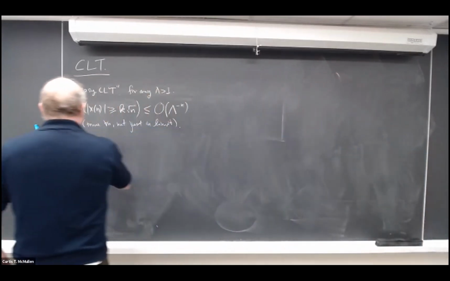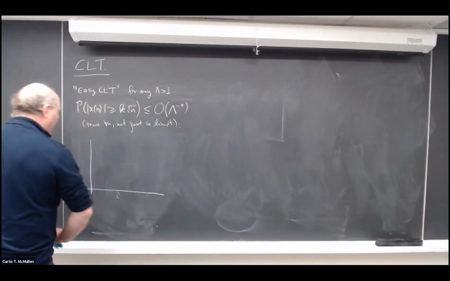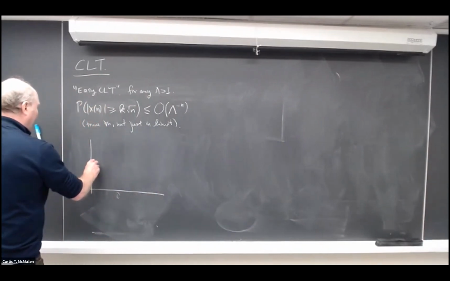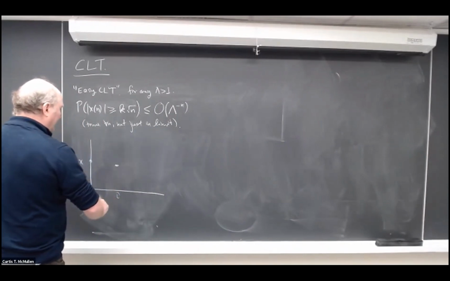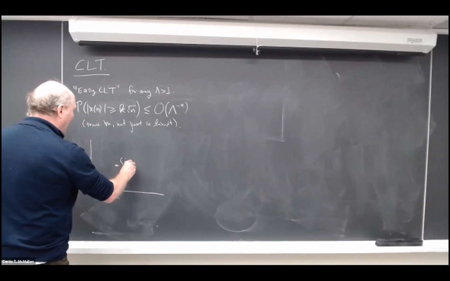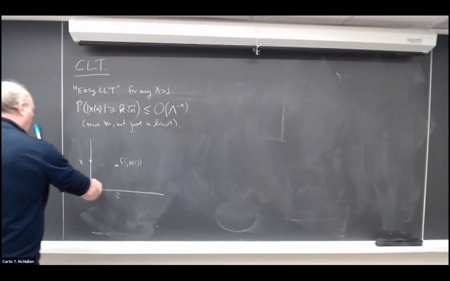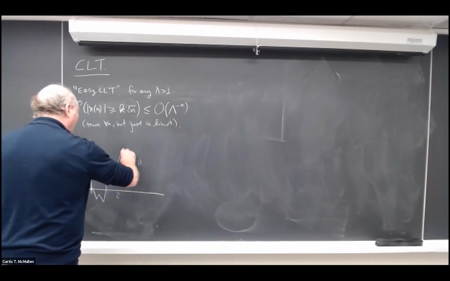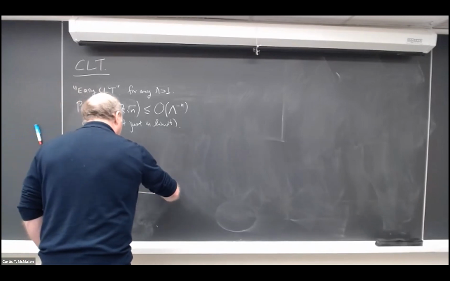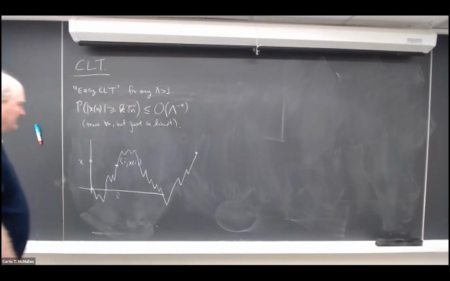A good way to think about this random walk is that we have the i variable, which is time, and the space variable, which is x, and at a particular time we have (i, x(i)). So our random walk can be thought of as a graph that moves around the integer points in the plane like this.